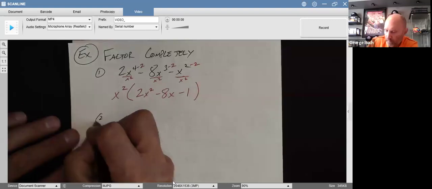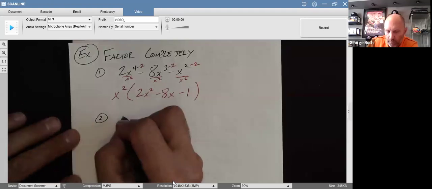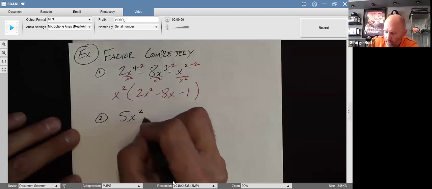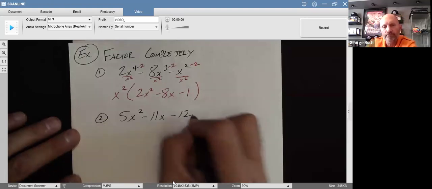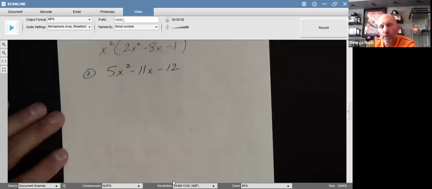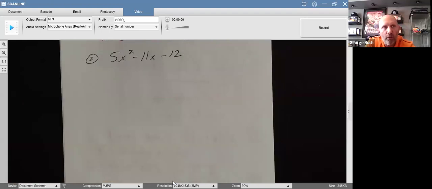The second one, let's factor 5x squared minus 11x minus 12. So you could do guess and check. Okay, 5 and 1, 1 and 12, 2 and 6, 3 and 4. How do I get 11? This is kind of messy. So let's try our bottoms up method.